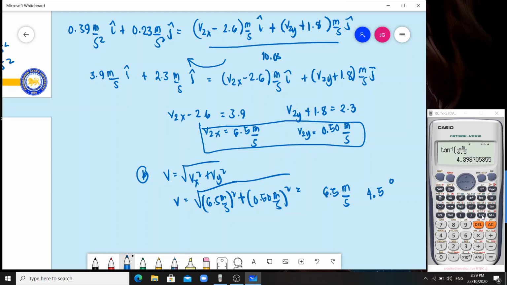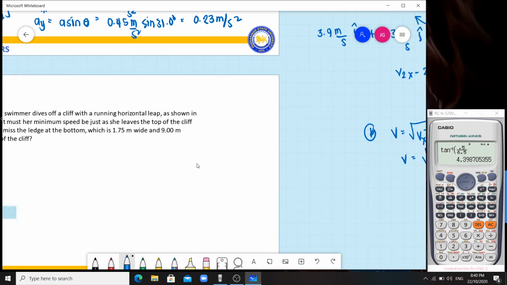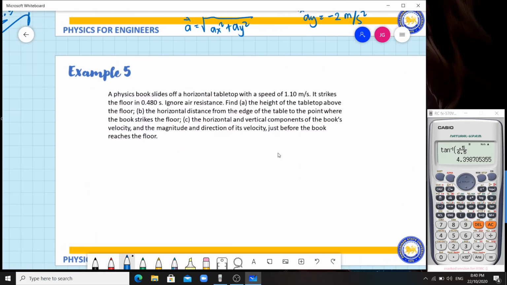Okay? So 6.5 meters per second and 4.5 degrees from above the positive x-axis. So this is the magnitude and direction for the velocity. Okay? So next, let's proceed to example number 5.